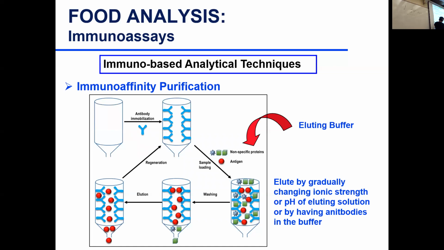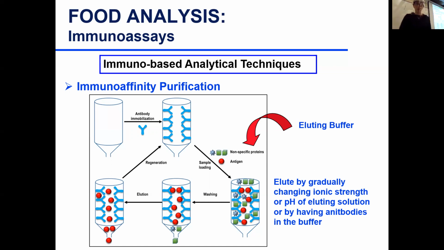The other non-specific proteins will be washed off, and then later on you can elute your antigen by changing the ionic strength, pH, or eluting solution by having antibodies in the buffer. Therefore, they can leave the column and you can collect.